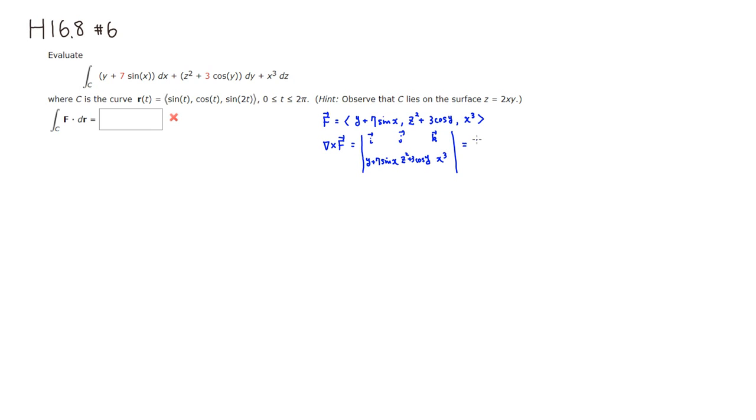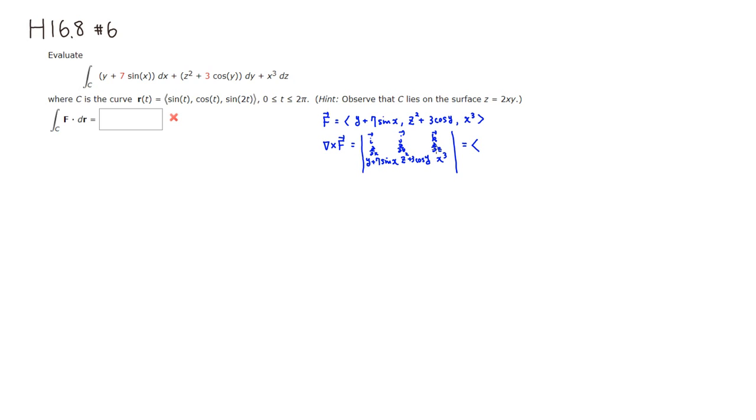I forgot to put the partials here: partial with respect to x, partial with respect to y, and partial with respect to z. So the partial of this with respect to y is 0.